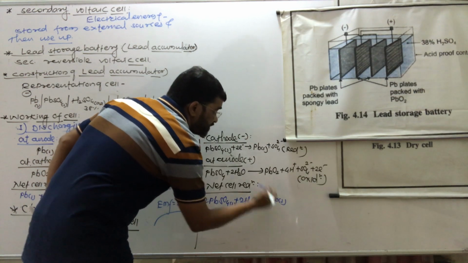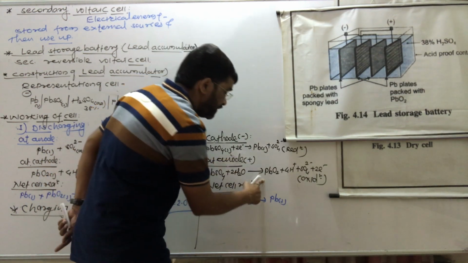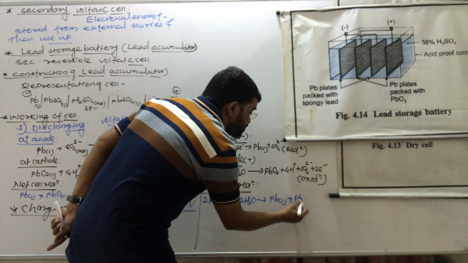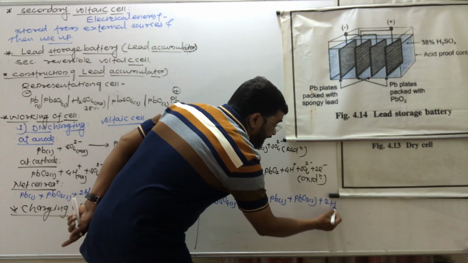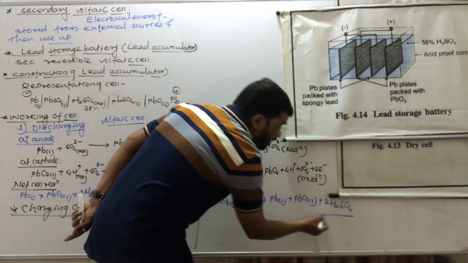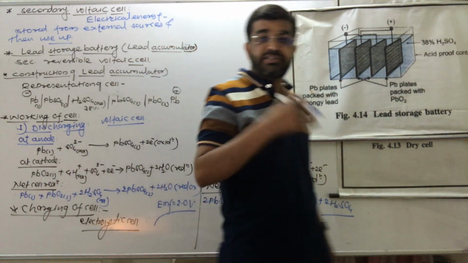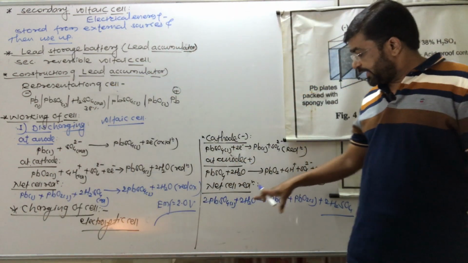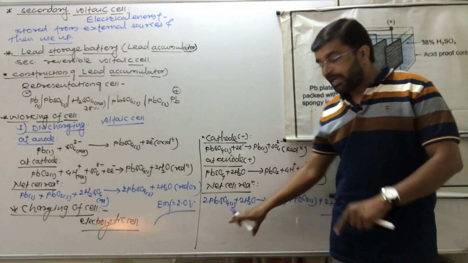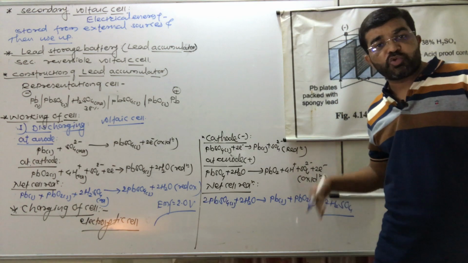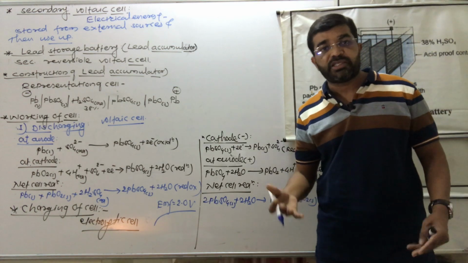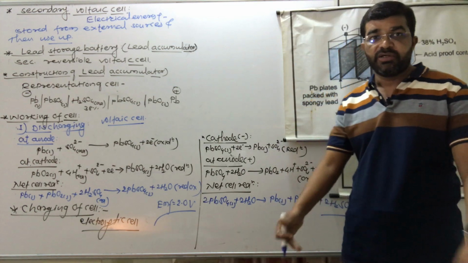Pb deposited at Pb plate, PbO2 deposited at Pb plates impregnated with PbO2, and here there is formation of sulfuric acid. So during the charging, lead sulfate is consumed and sulfuric acid is produced, and therefore again the cell gets charged.